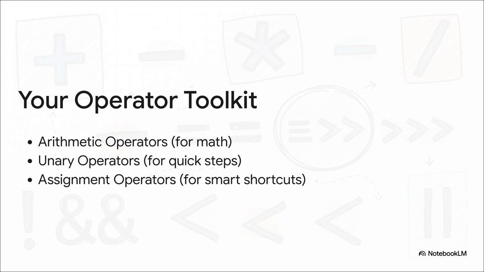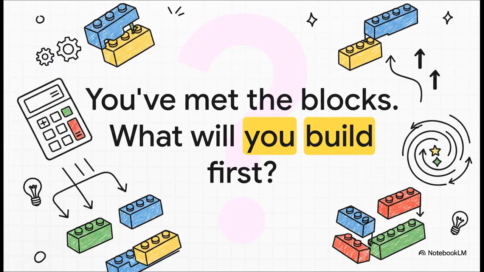Just by understanding these 3 groups, you now have the power to start writing code that actually does things. Seriously, these operators are your direct ticket to making things happen with code. These are the Legos you can now start snapping together. You can build calculators, counters, cool animations, anything. So really, the only question left is, what are you going to build first?